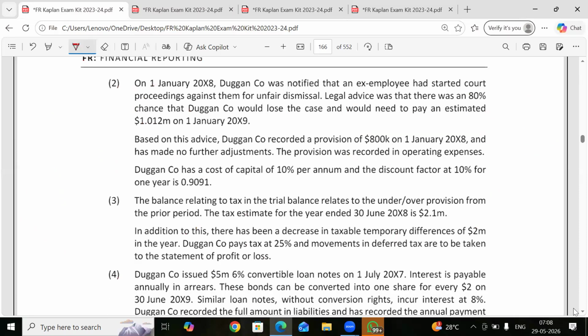Please understand what the second adjustment is all about. On 1st January 2008, that is in the mid of the year. The year starts from July 1st, ends at June 30th.